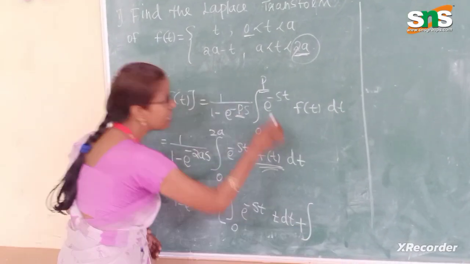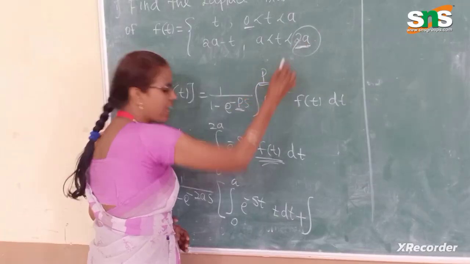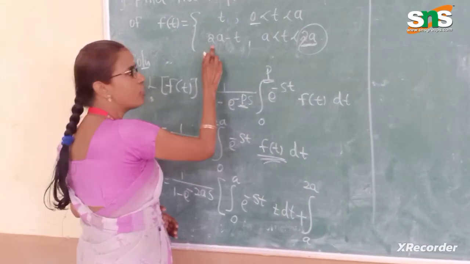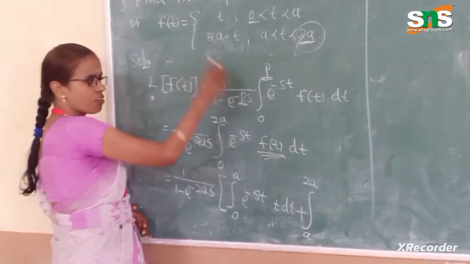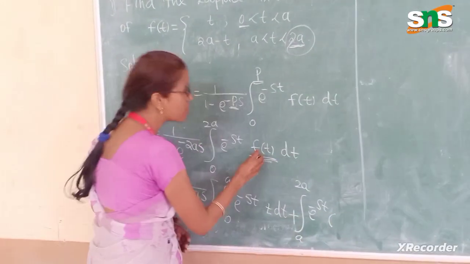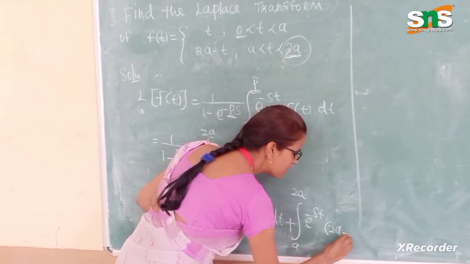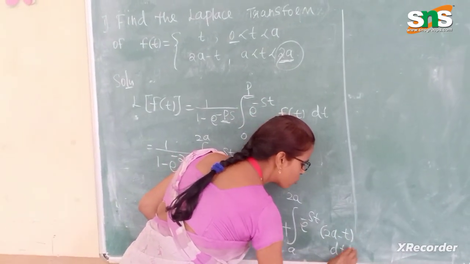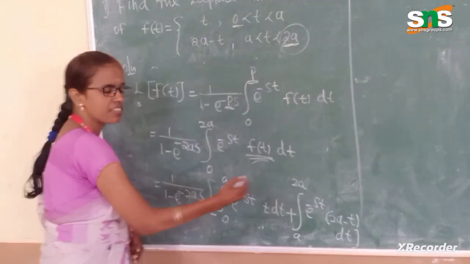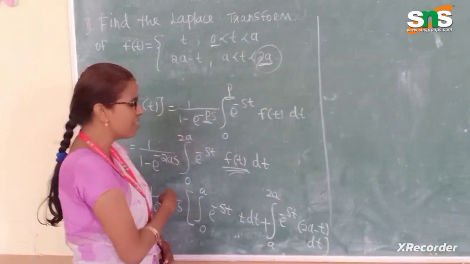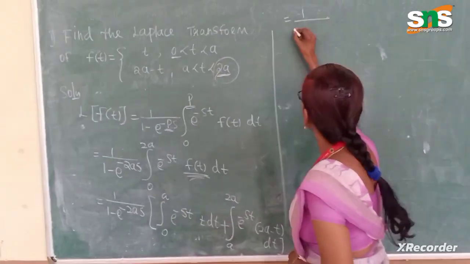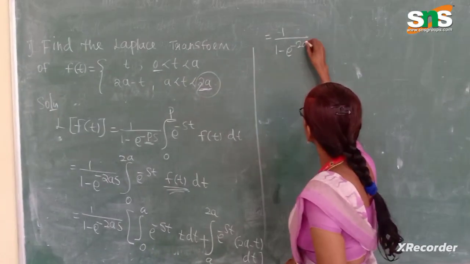The second integral is from a to 2a, and the function is 2a minus t, so e power minus st into 2a minus t, dt, then close the bracket. The term 1 by 1 minus e power minus 2as is common for both cases, so you write it outside. Now we are going to integrate the terms.